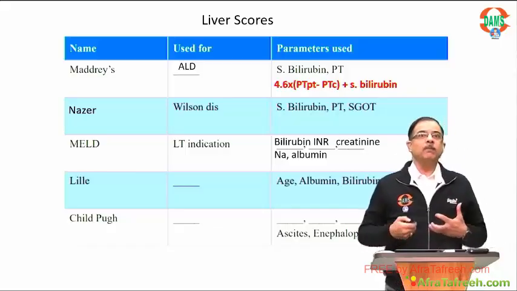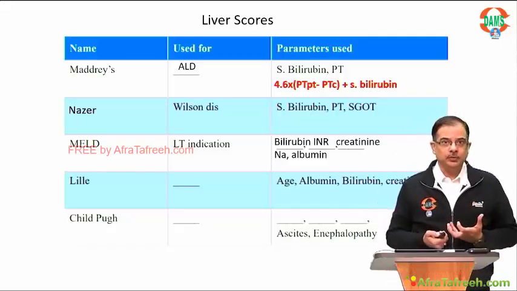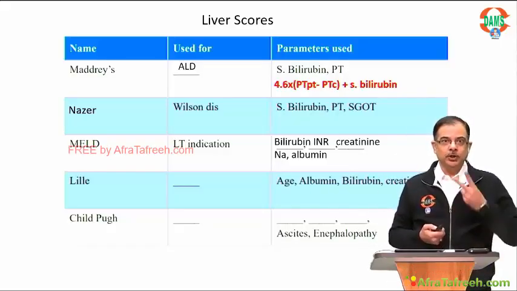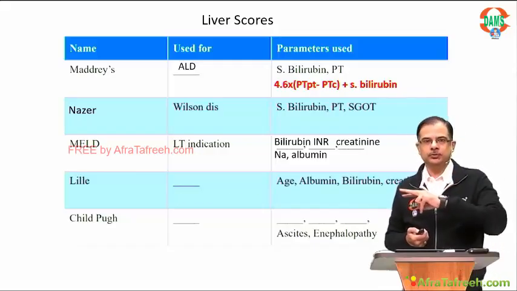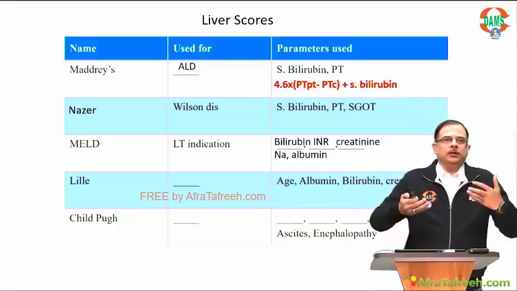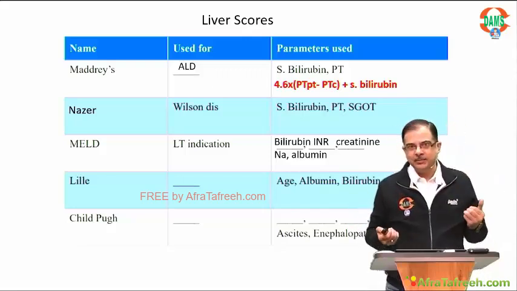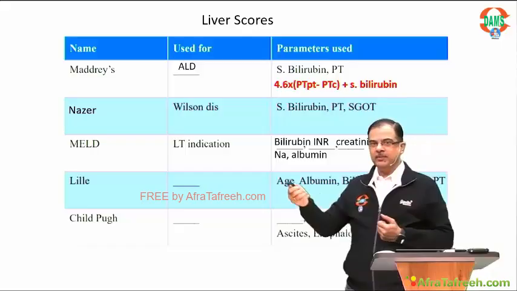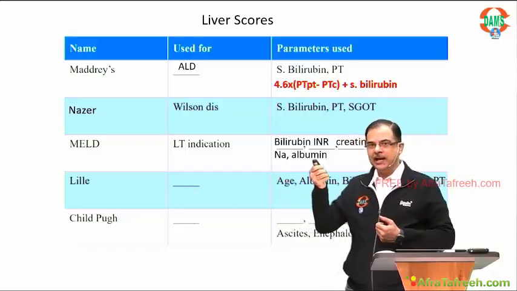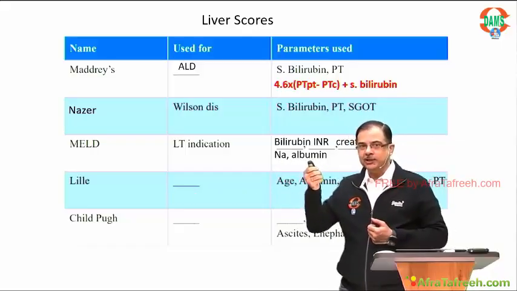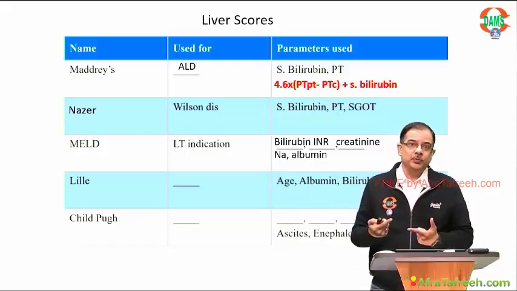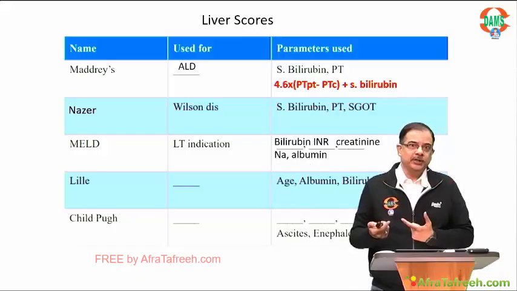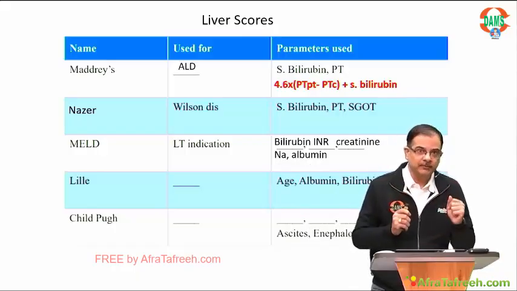But for a modified MELD score, two additional markers are also used. That depends on the question set by the examiner. The examiner might give you sodium and albumin, the two additional parameters for a modified MELD score. If they are given in the options and there is an option all of the above, mark all of the above.